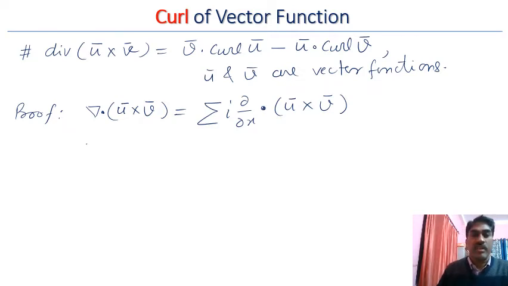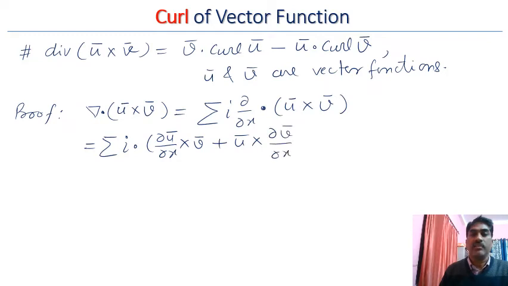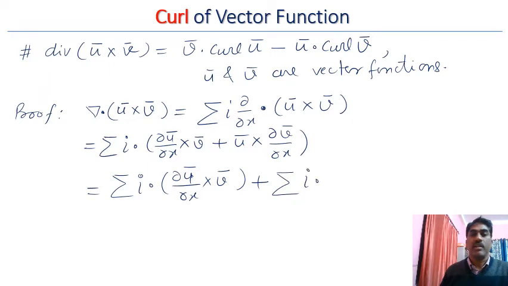So this can be written as sigma i dot del u by del x cross v plus u cross del v by del x. Now we get two different parts: sigma i dot del u by del x cross v, plus sigma i dot u cross del v by del x.